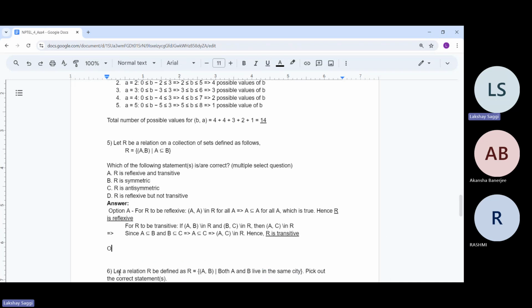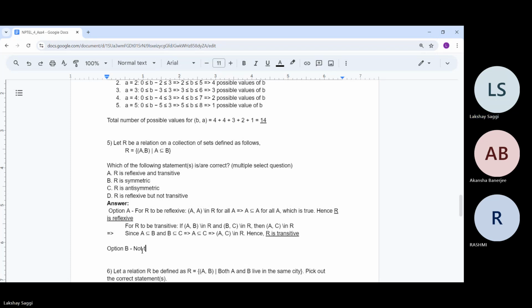Now we come to option B. Option B says that R is symmetric. What does symmetric mean? Symmetric means that if (A, B) belongs to R, then (B, A) also belongs to R. But first of all, this is not symmetric, and I'll answer this straight away.